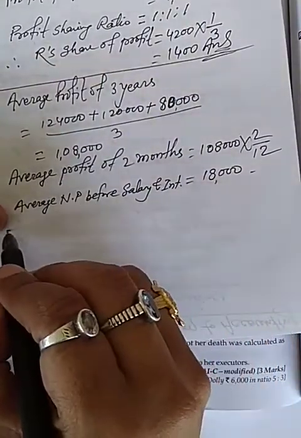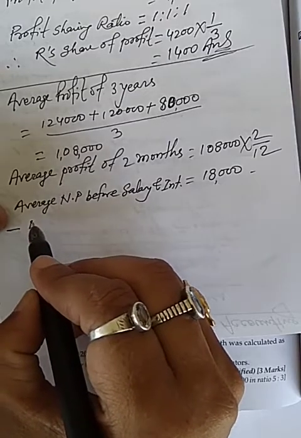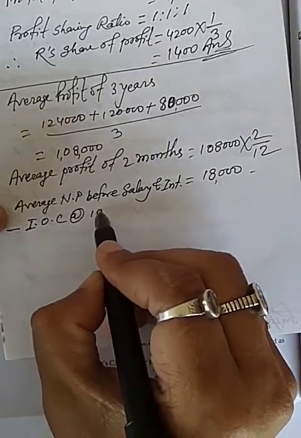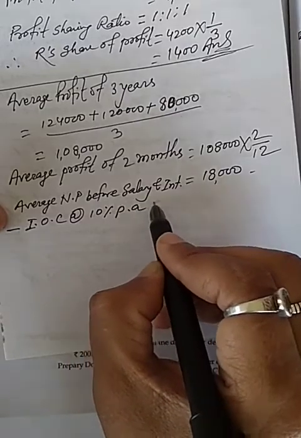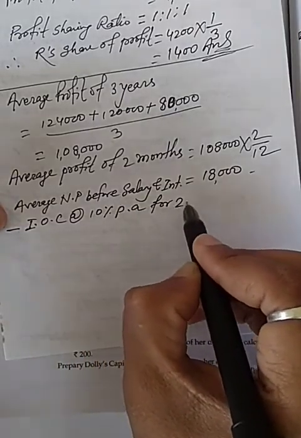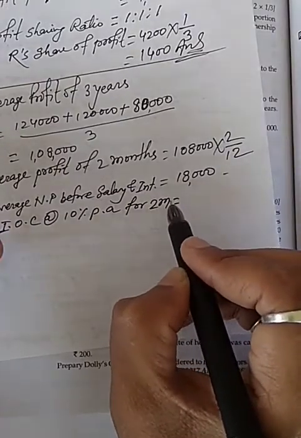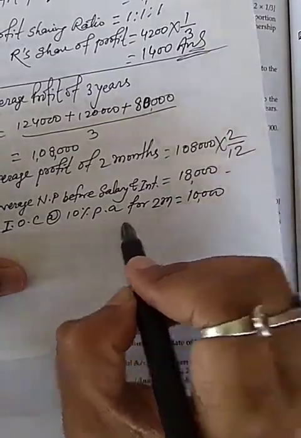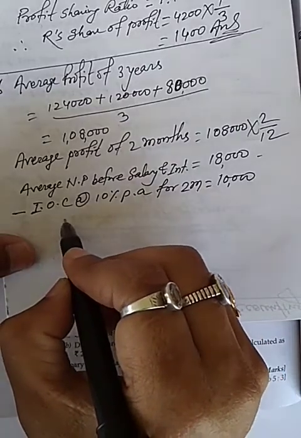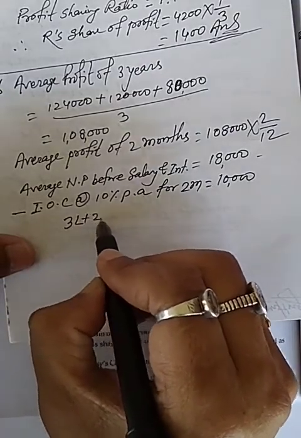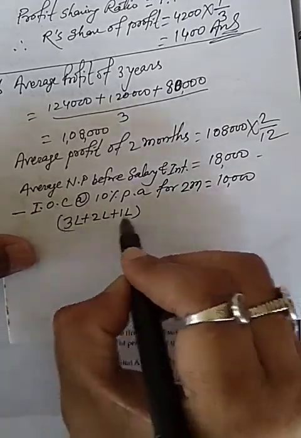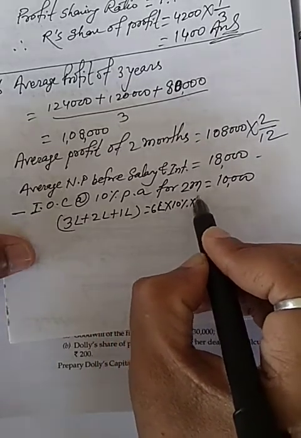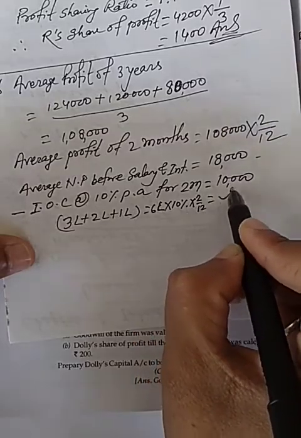So minus interest on capital at the rate of 10% per annum for 2 months, which will be 10,000, because capital will be 3 lakh plus 2 lakh plus 1 lakh equal to 6 lakh. 6 lakh into 10% into 2 by 12 equals 10,000.